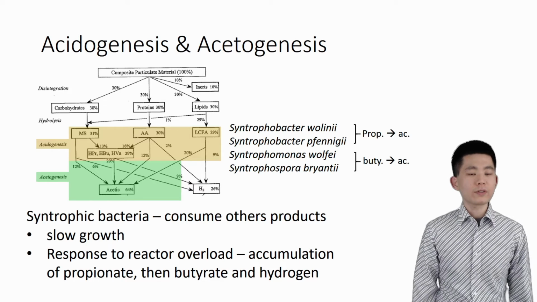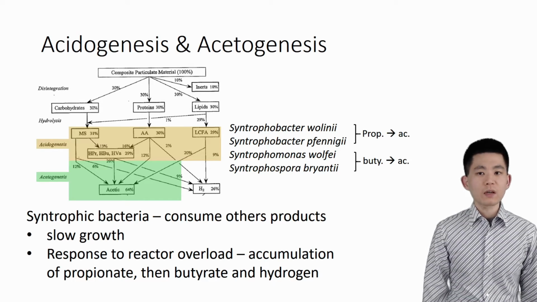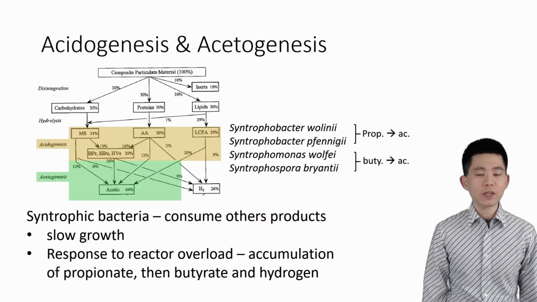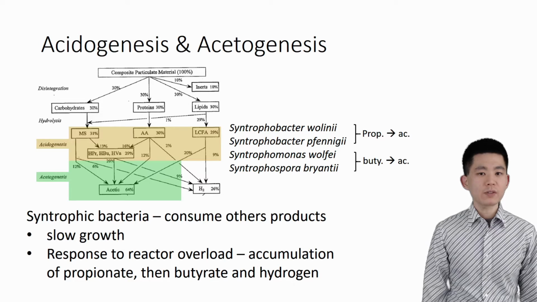Those microorganisms that convert butyrate and propionate to acetate are called syntrophic bacteria, meaning that they utilize products and metabolites produced by others as substrates. They are generally very slow growing due to the thermodynamic limitations, although they play very important roles in anaerobic digestion by providing substrate for methanogens and avoiding the accumulation of inhibitory intermediates like propionate and butyrate.